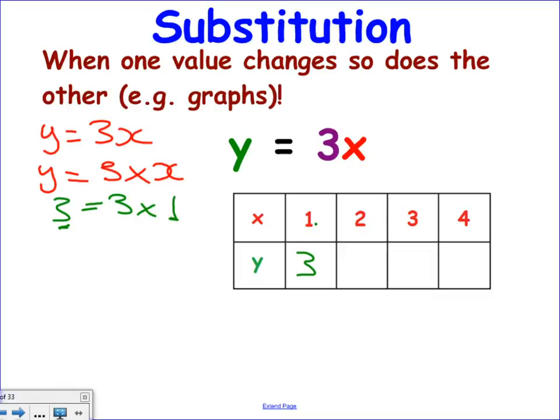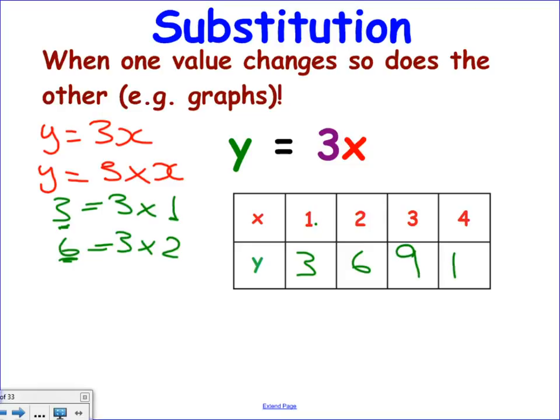You can see what we've done there. Put in the value of 2. So when x is 2, y has a value of 6. Does that make sense? Not lost anyone. All we're doing is substitution. I'm swapping the value of x for various values I have along here. Okay? I put 3 in. 3x means 3 times 3.